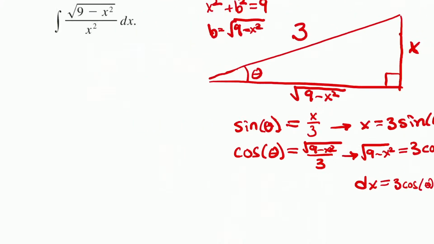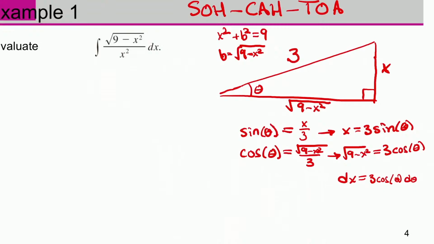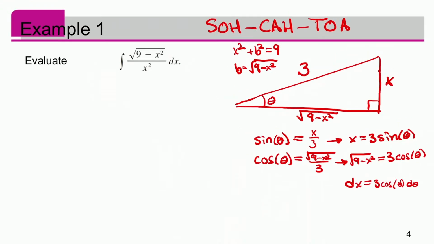So that's all the work. This is the work that you do on the scrap paper. Now let's go crank this over here. It's almost miraculous. It's amazing. So this becomes the, let's see, 3 cosine of theta. Okay, so here, I'll highlight just so that you see what I've done.